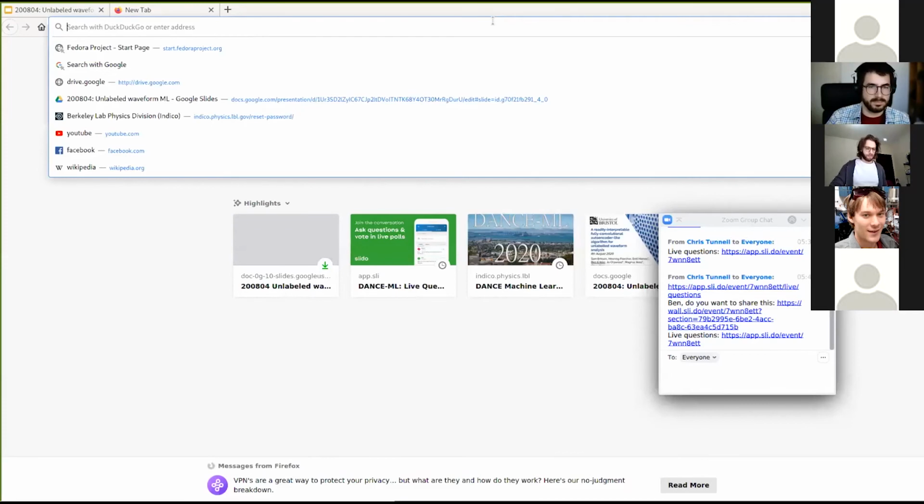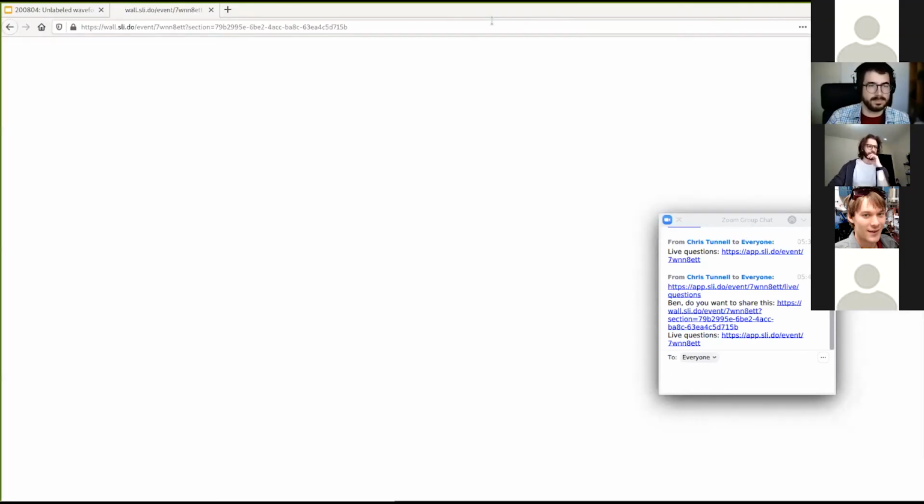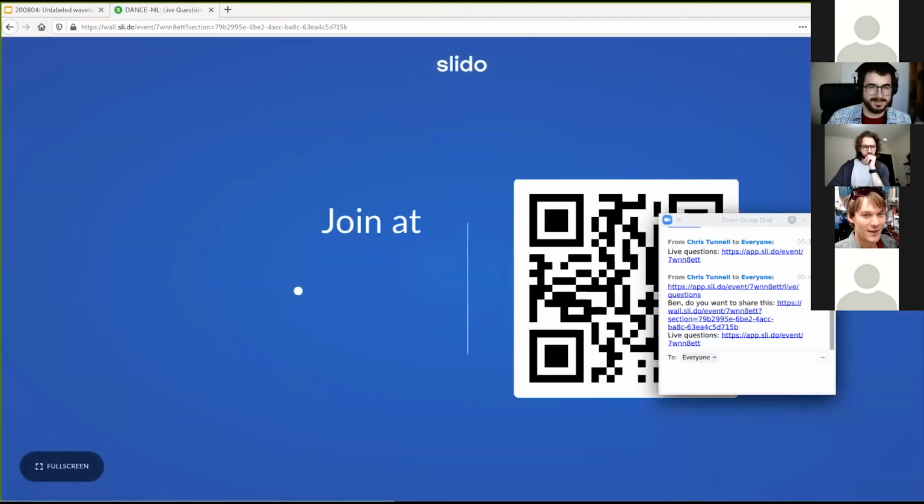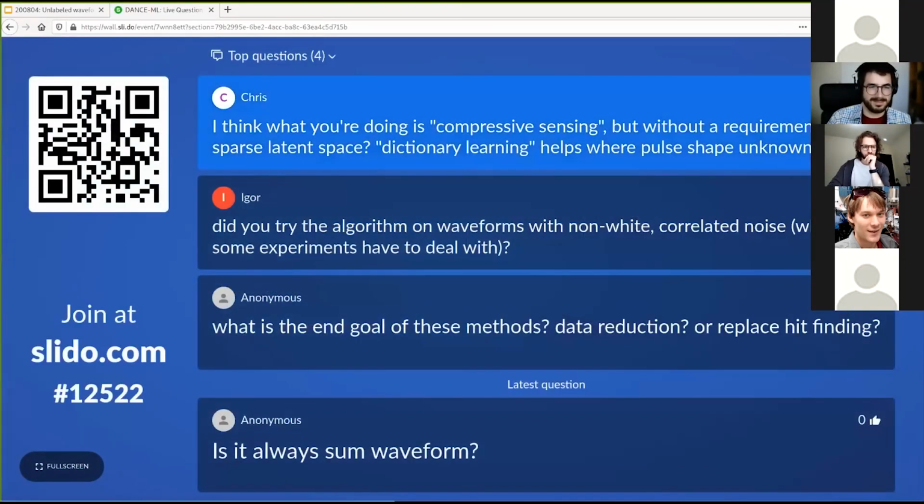Yeah. Okay. We have another question, well, not really a question, from Chris. I think what you're doing is compressive sensing, but without a requirement on a sparse latent space. Dictionary learning helps when the pulse shape is unknown. Maybe I'll clarify just a bit.